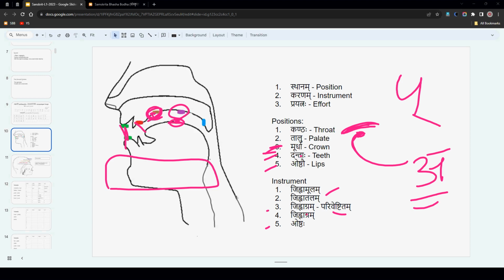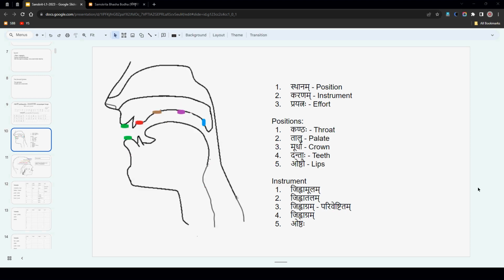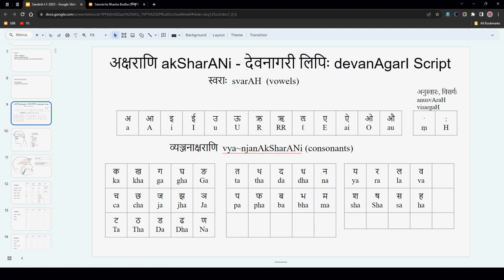That's why the Vyanjanas cannot be pronounced independently. They need the swara. Not always pa, it can be any sound, but a swara is needed. And as you can see here, we talked about ka, kha, ga, gha, nga.